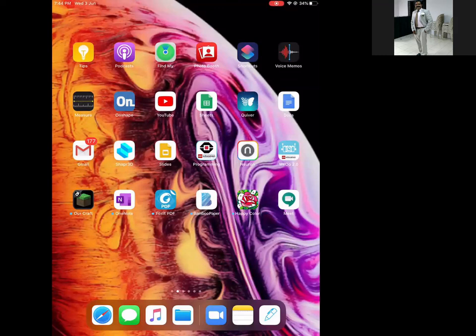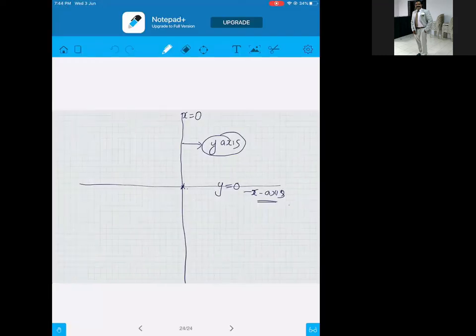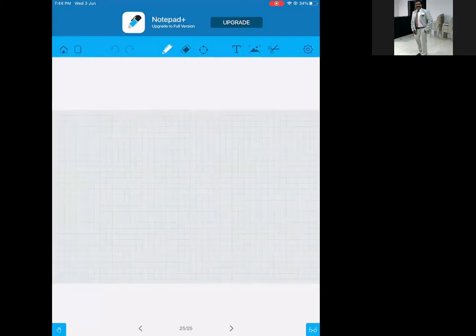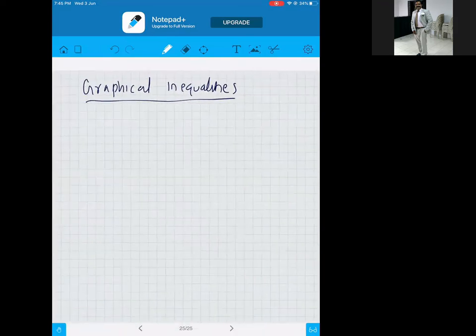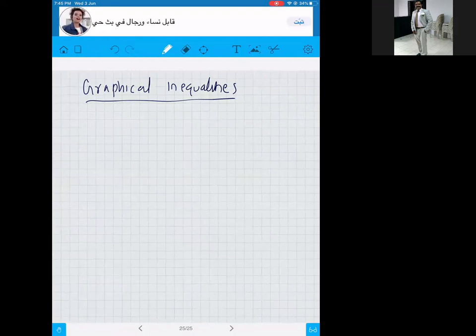Make a heading, write a heading: graphical inequalities. Give keen attention to these concepts.